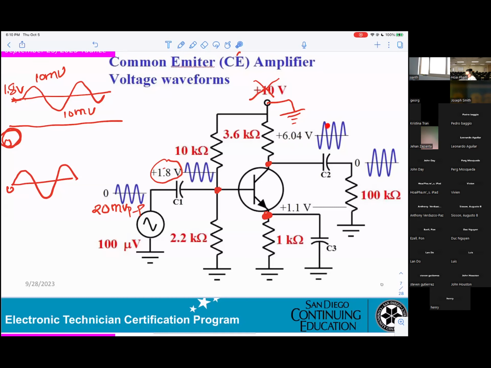But when you go to the load here, C2 will be blocking 6.04 volt. Only the sine wave comes out. That's why you see 0. So that's why when you measure at the output here, you get a signal that looks like that one.